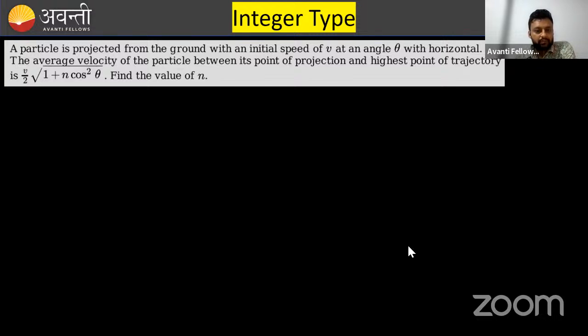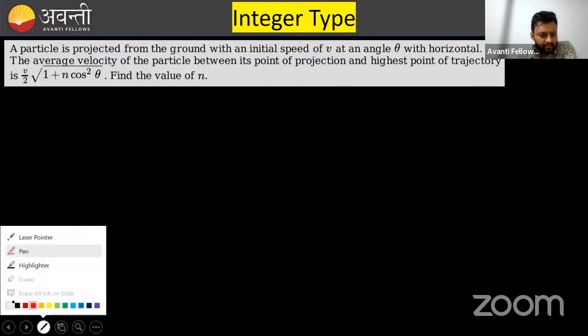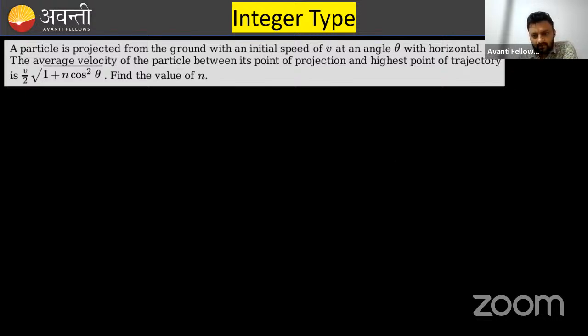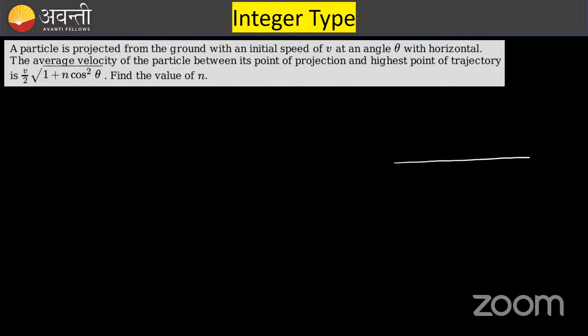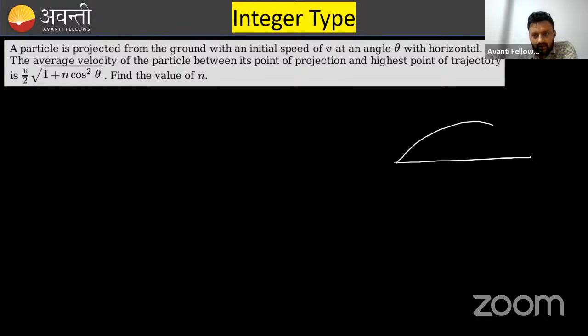A particle is projected from the ground with an initial speed u at an angle theta with the horizontal. Should we do this question? Yes. Okay, a particle is thrown, some data is given like this.